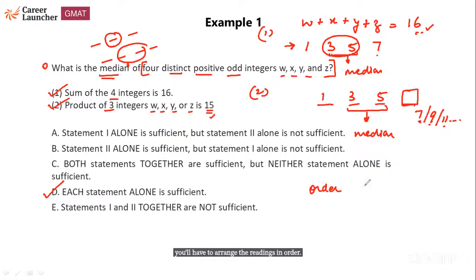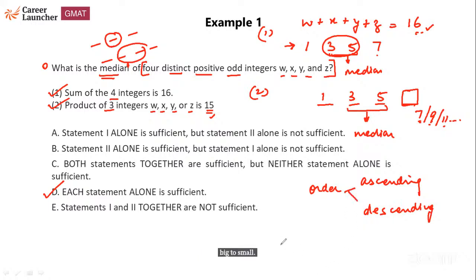Order means either ascending order, small to big, or descending order, big to small. Then only median can be calculated. That's why it is written in ascending order.